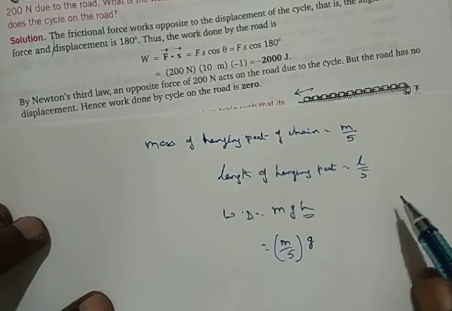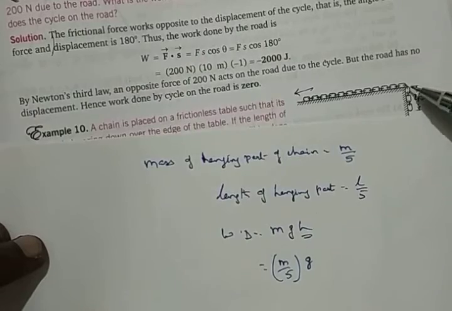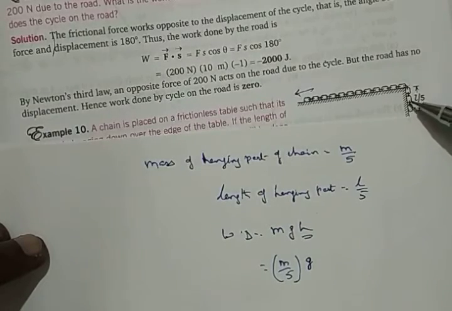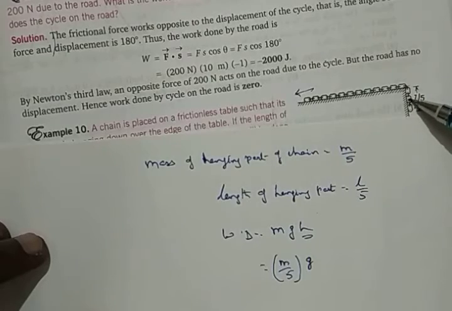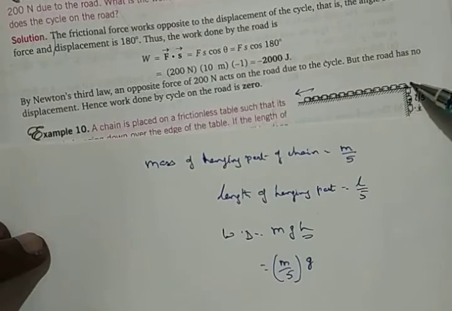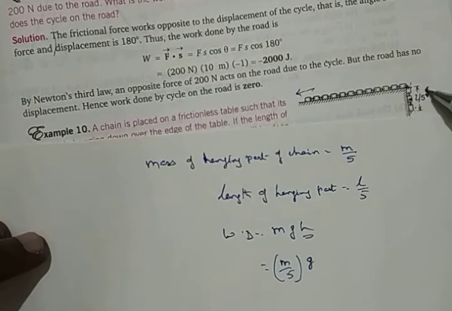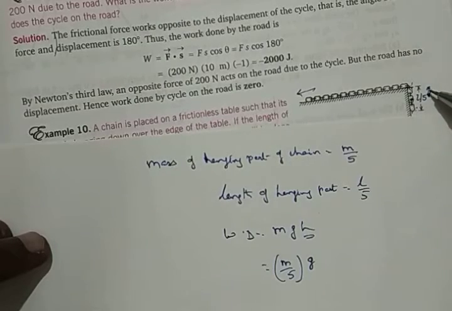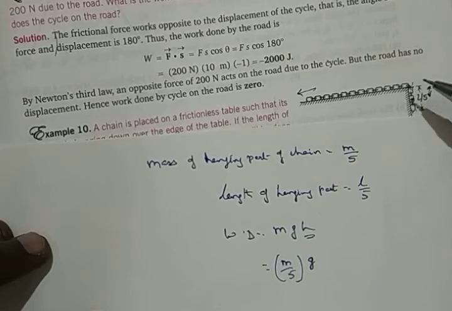Now remember, only this much is hanging. Once you pull it up, your center of gravity has to come up. This is the center of gravity, exactly the middle of this one. If this much height it is pulled up, if the center of gravity goes up, then work is done.